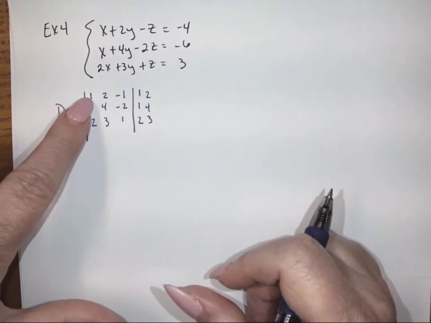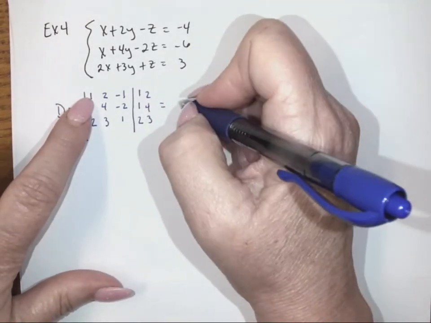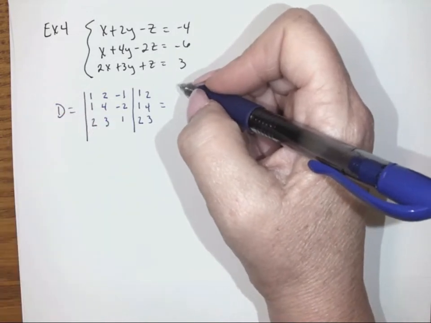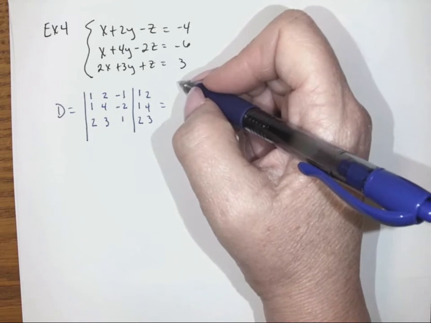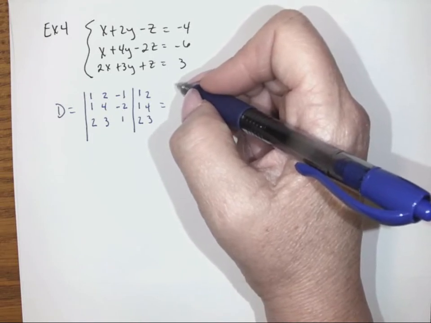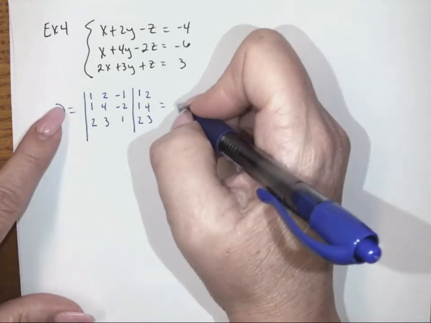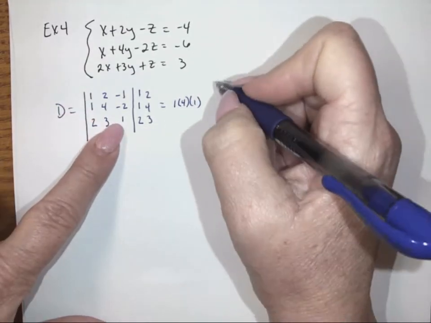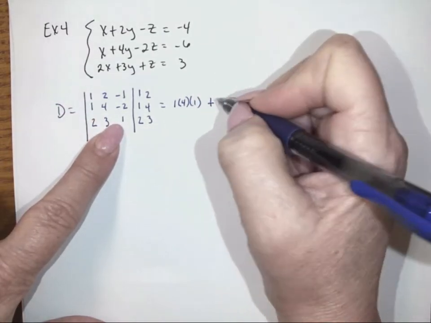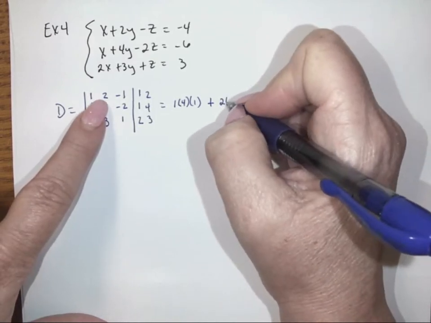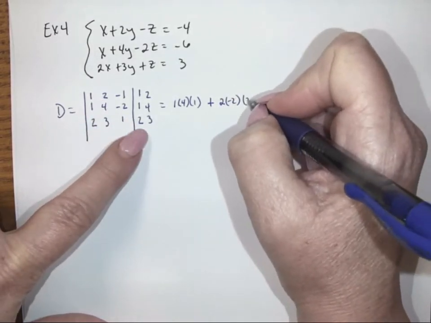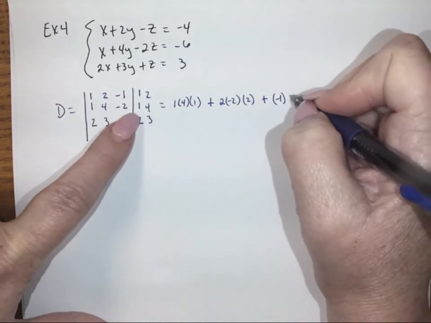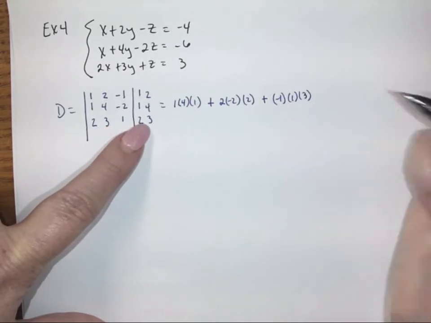So we're going to start with the top corner just like we did before. So we're going to have 1 times 4 times 1 is going to get us 4. So 1 times 4 times 1. So I'll write this out so you can see where it's coming from. So these 3 numbers. On the first part we're going to add, plus, then we'll have 2 times negative 2 times 2 plus negative 1 times 1 times 3.